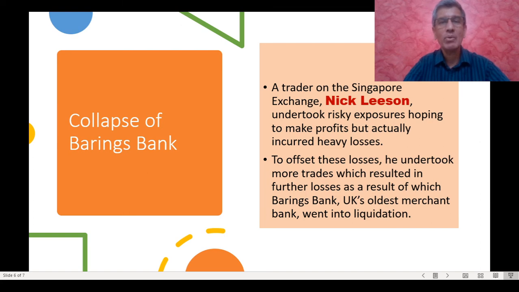He undertook very risky exposures which caused huge losses to Barings Bank. But in order to recover those losses, he undertook more trades, which further caused losses and ultimately led to the collapse of Barings Bank because of the huge losses incurred by him on risky exposures taken on the Singapore exchange.